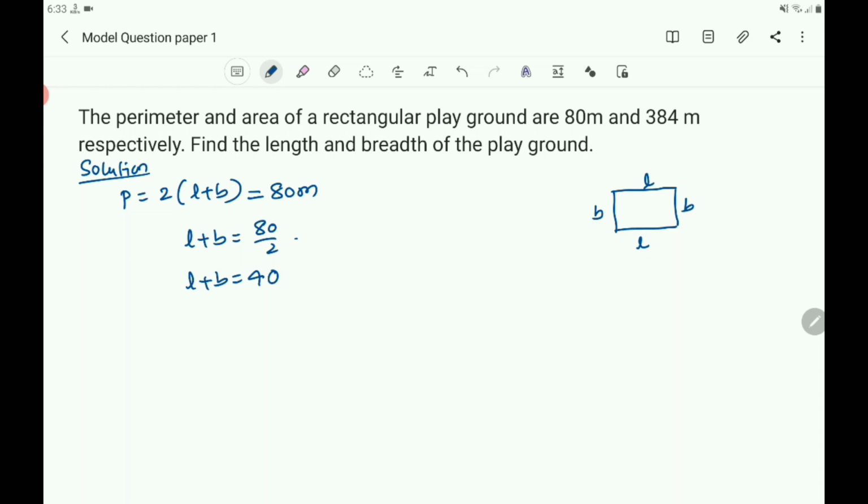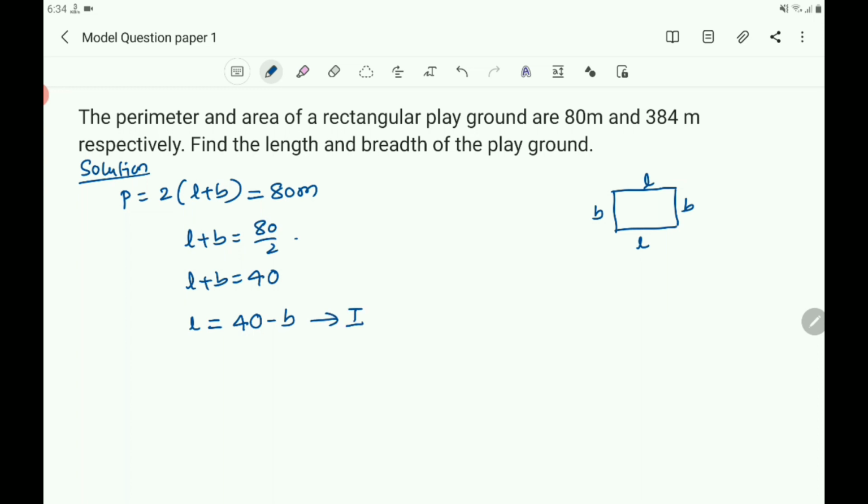Or you can take this in terms of x and y. So it becomes L equals, or B equals you take. Here L equals 40 minus B. Consider this the first relation you got.